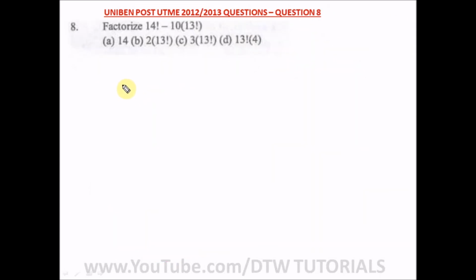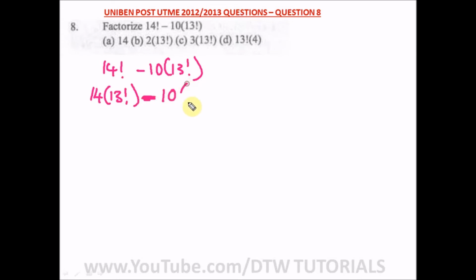Question 8 of our UNIBEN post-UME past questions, the 2012/2013 past question. It says factorize 14 factorial minus 10 bracket 13 factorial. So how do we do this? Let's break this further. 14 factorial is the same as 14 bracket 13 factorial. Remember in our factorials.